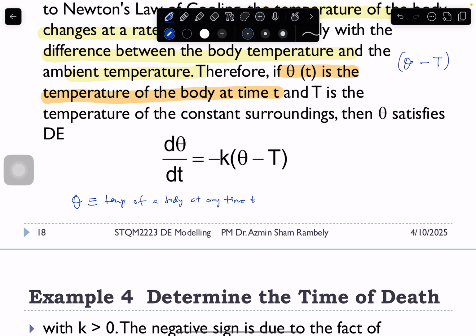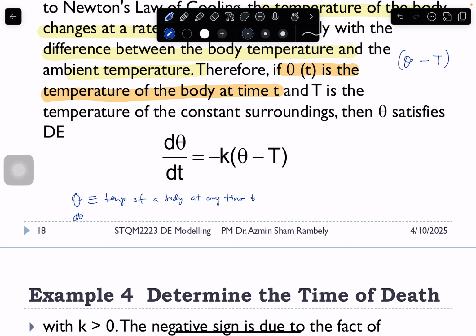Okay, so the rate of change of theta with respect to t is theta minus T, the difference between the temperature of the body and the ambient temperature.